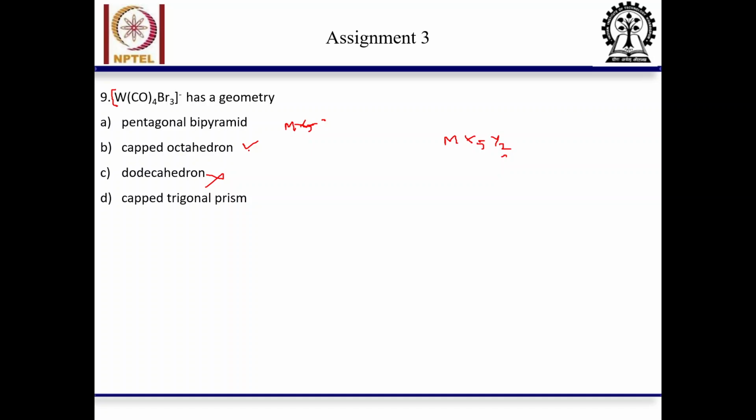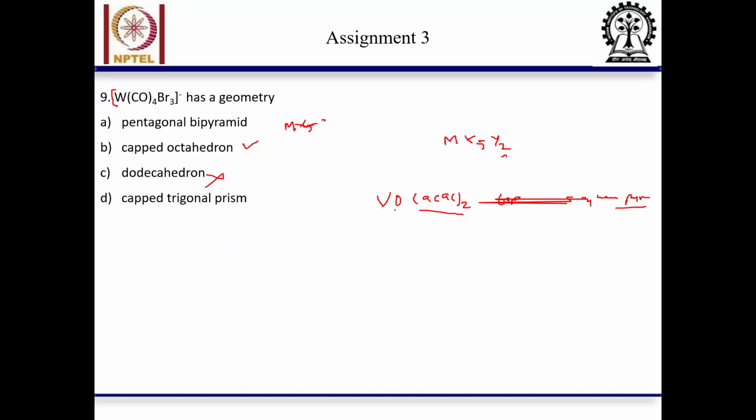But first, if I ask you a question, one very famous example, VO(acac)2: what will be the geometry for this complex? Whether it will be trigonal bipyramidal or square pyramidal. You will easily say that it is square pyramidal.